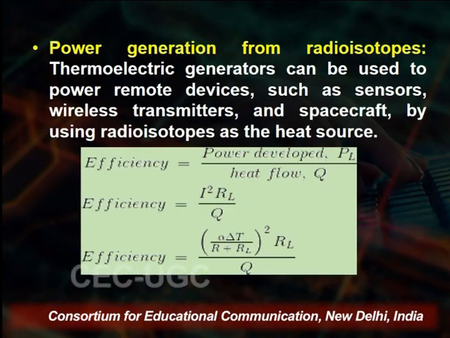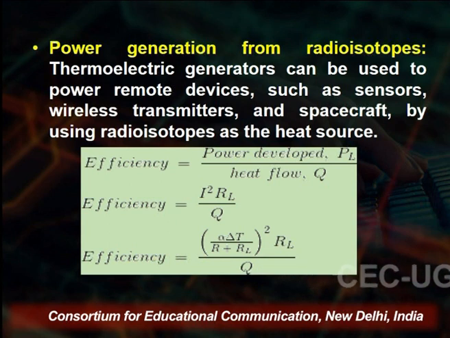The next application is power generation from radioisotopes. Thermoelectric generators can be used to power remote devices like sensors, wireless transmitters and spacecraft by using radioisotopes as a heat source.